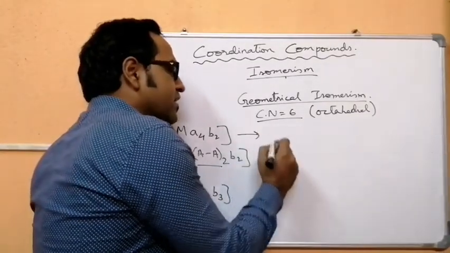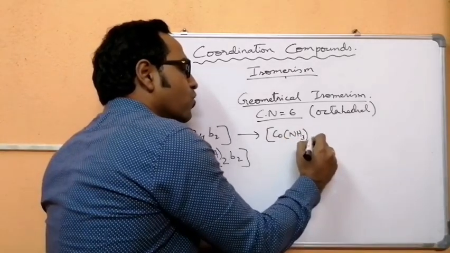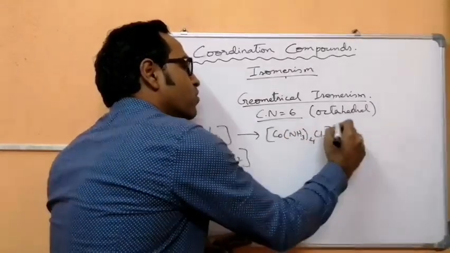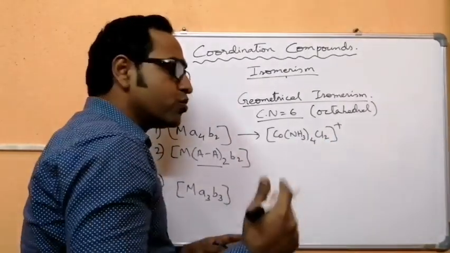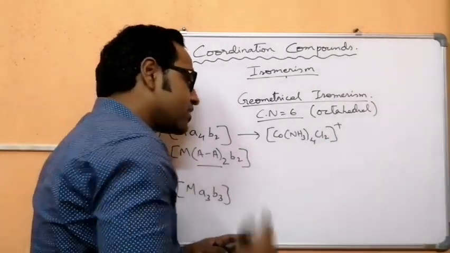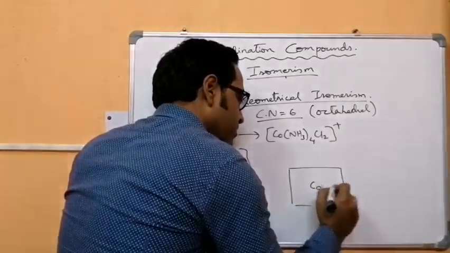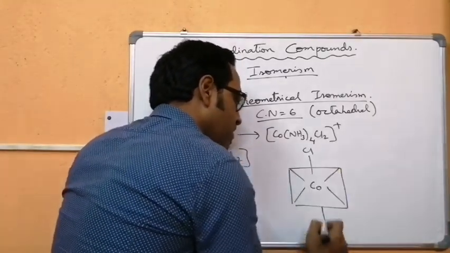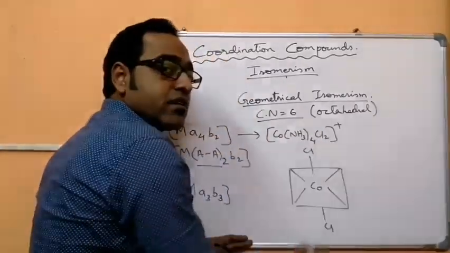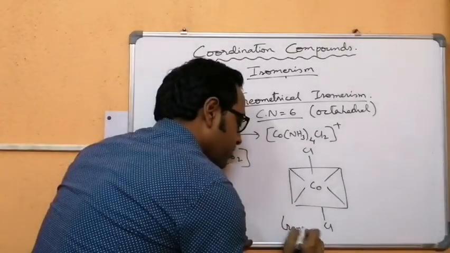MA4B2 example is [Co(NH3)4Cl2]+. Now this compound can exist in 2 forms, one cis, another trans. When the 2 chlorine are diagonally opposite, it is the trans form.